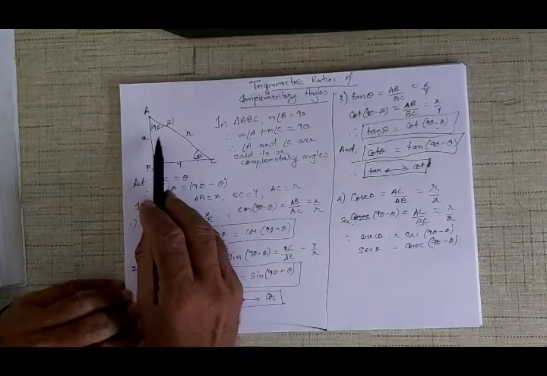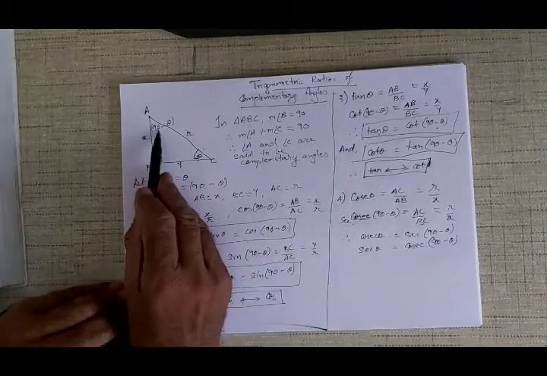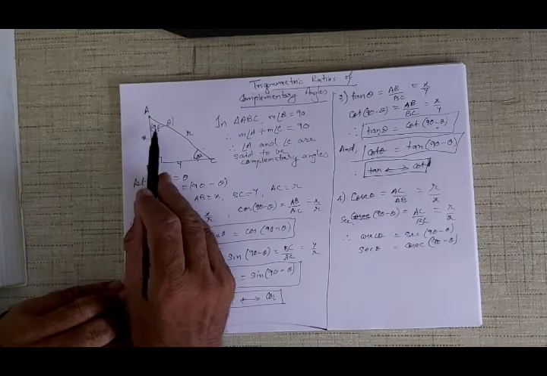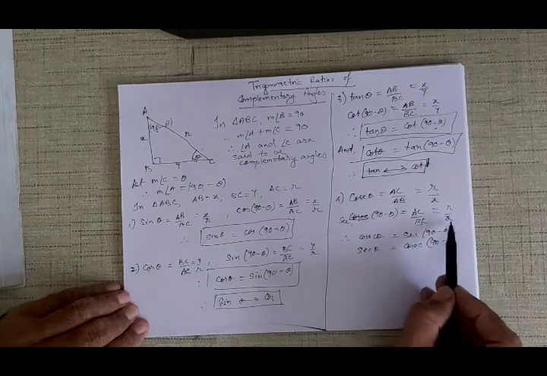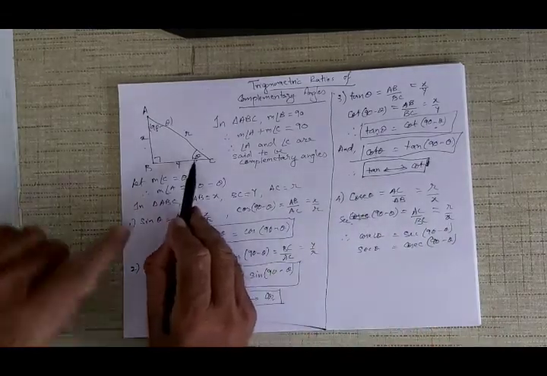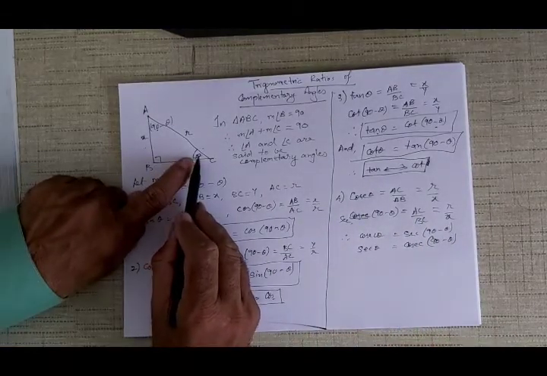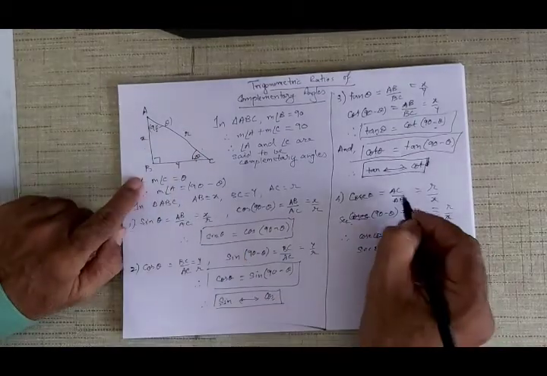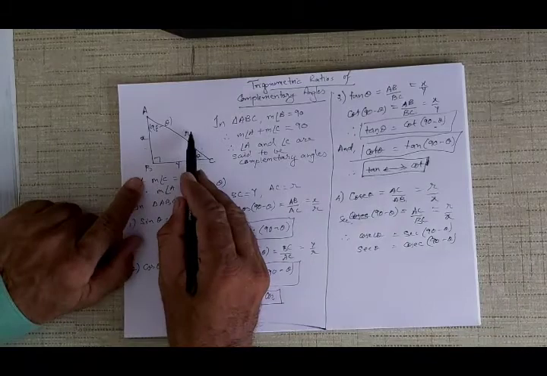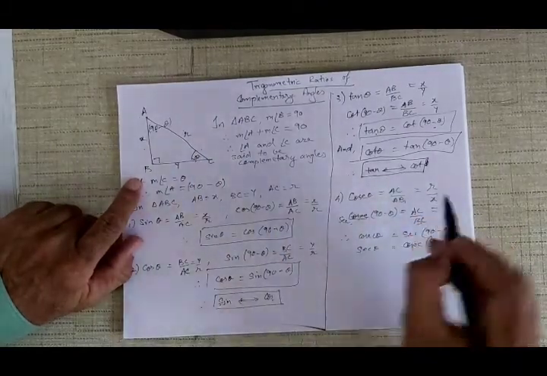What is sec theta? Sec theta is the adjacent side AB upon AC. Remember, cosec theta is the reciprocal of sin theta, so AC upon AB, R upon X.